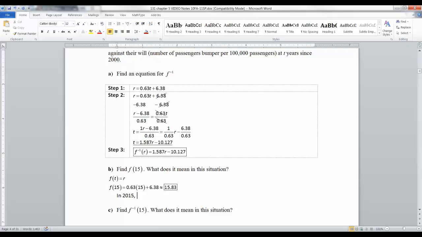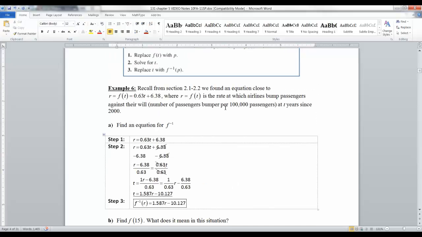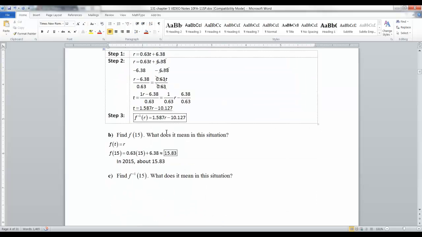So in 2015, about 15.83, this is the number of passengers that are bumped per 100,000 passengers.